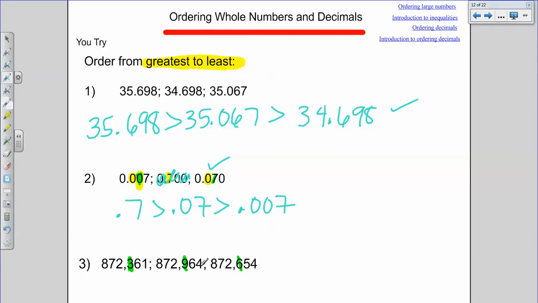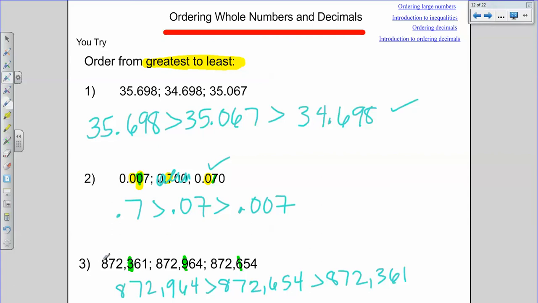So I know that my biggest number is going to be 872,964, which is greater than 872,654, which is greater than 872,361. So I went through and I compared. The 8s are the same, 7s are the same, 2s are the same. My 3, my 9, and my 6 are different, and that's how I came up with my answer.